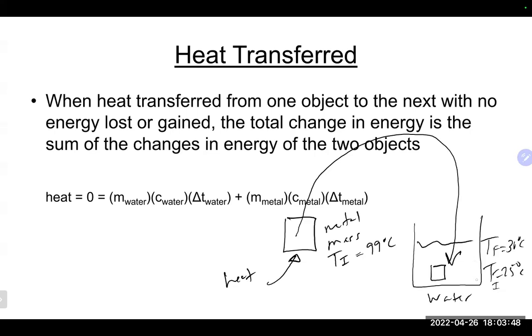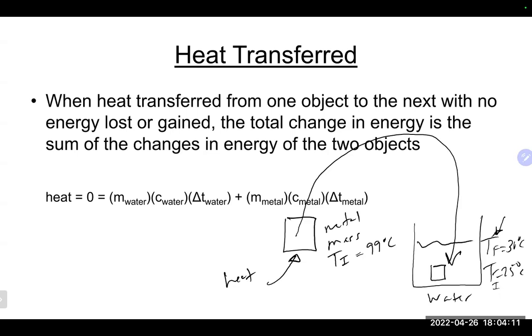The water temperature will rise, and the metal's temperature will decrease. The metal will end up at the same temperature as our water, because it's sitting in there. So eventually they will equilibrate to the same temperature.